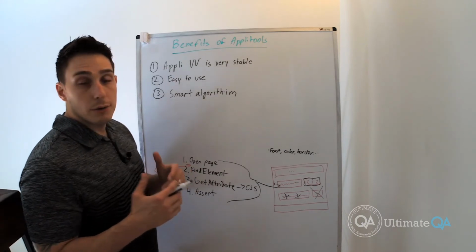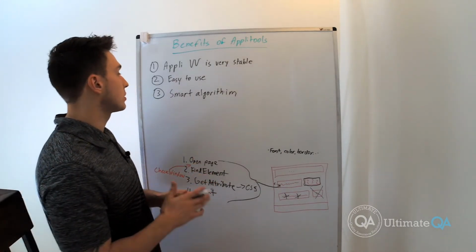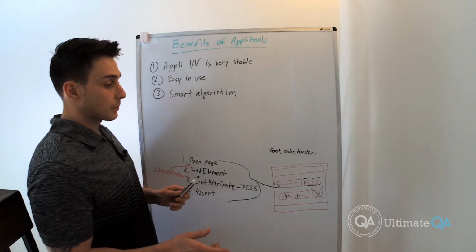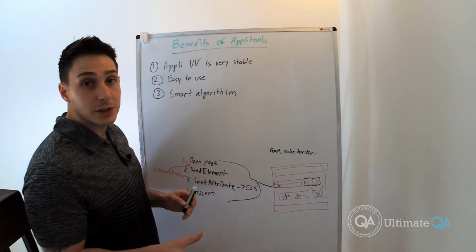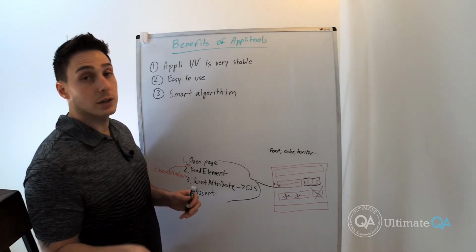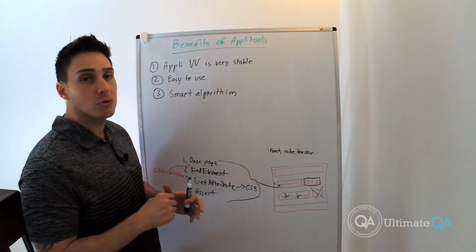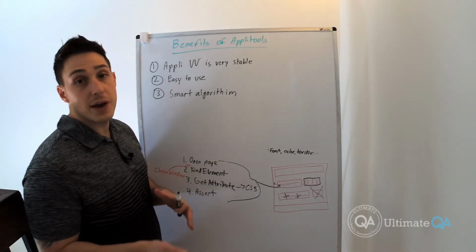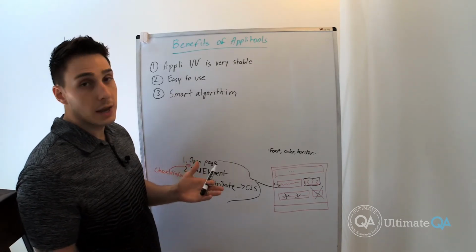A 4K display versus a 1080p display might be a little bit different. Those kinds of changes would not be spotted by Applitools, as a result avoiding the false positives. But if it is visible to the human eye, it will spot it for you, and let you know, hey, there's a failure, figure out whether that's a bug, or you need to update your baseline.